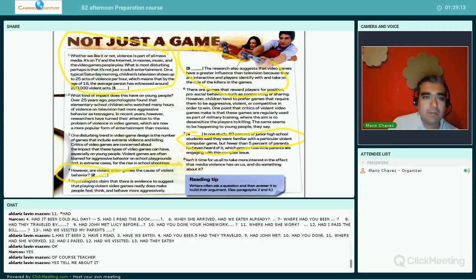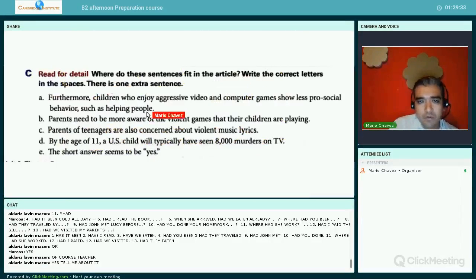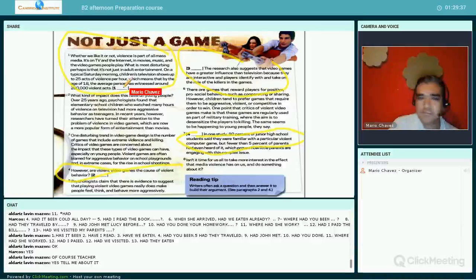What is more disturbing, perhaps, is that it's not just in adult entertainment. On a typical Saturday morning, children's television shows 25 acts of violence per hour, which means that by the age of 18, the average person has witnessed around 200,000 violent acts. I don't think that one goes here. So number one is not.